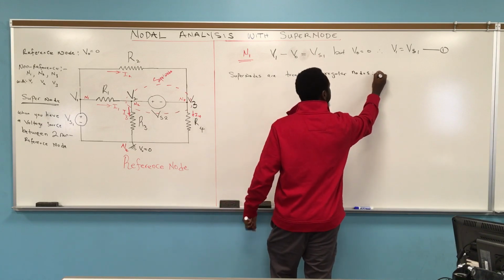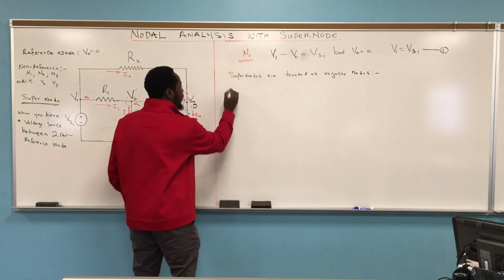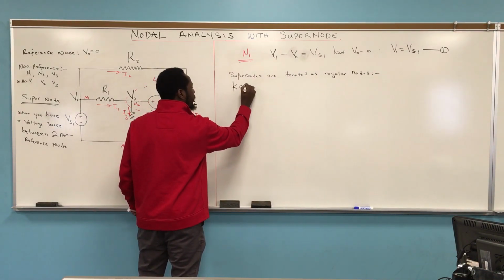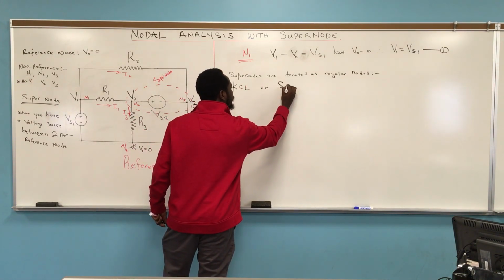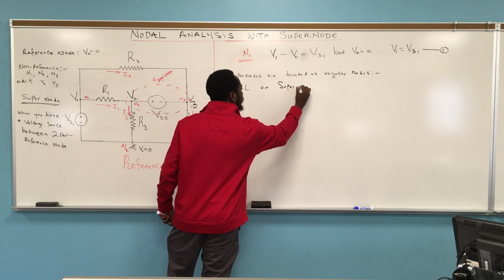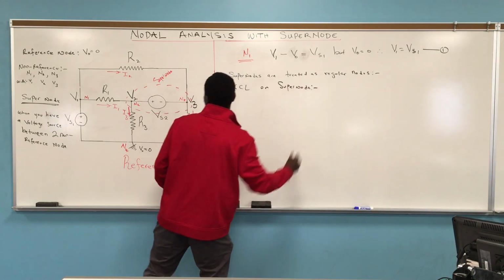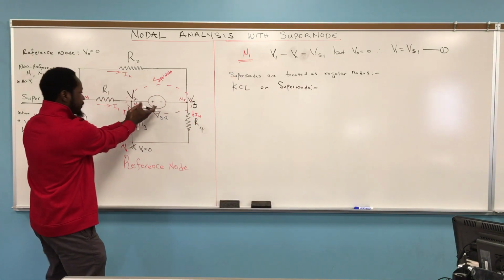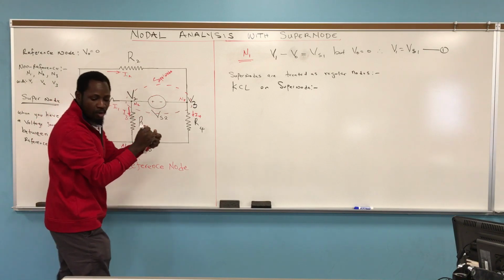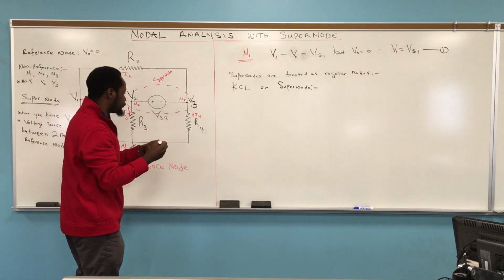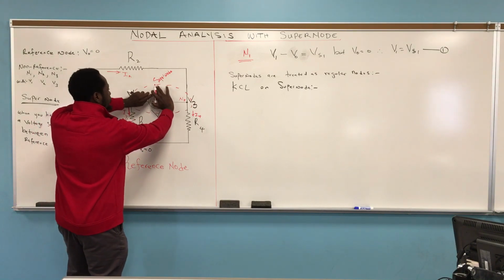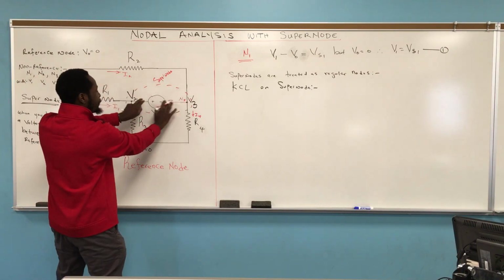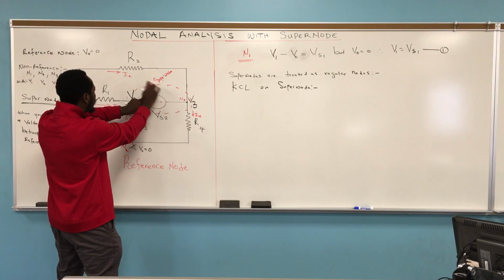What this means is that if we apply KCL on the SuperNode that we have, we treat all this as one big black box, right? I can shade it and just look at it. Look at this whole area as one node.